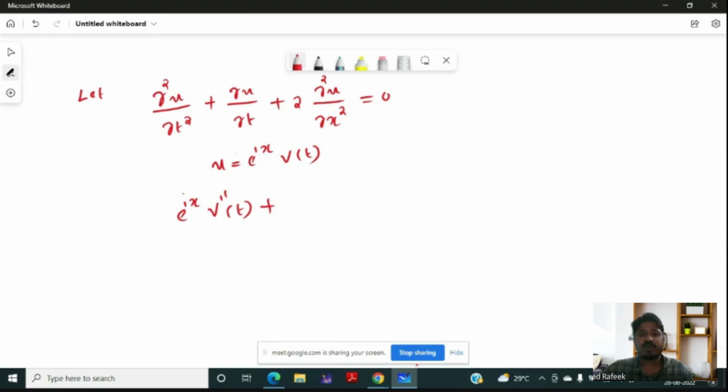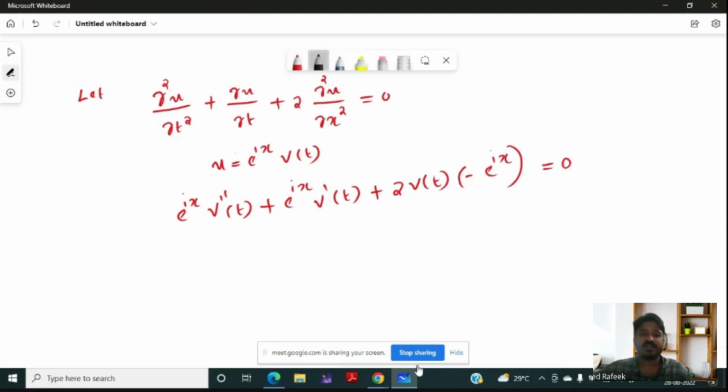Plus dou u by dou t, e raised to ix v dash of t, plus 2 into v of t. The i will come outside, so i into i is i square, which is negative 1, minus e raised to ix will come, equal to 0.